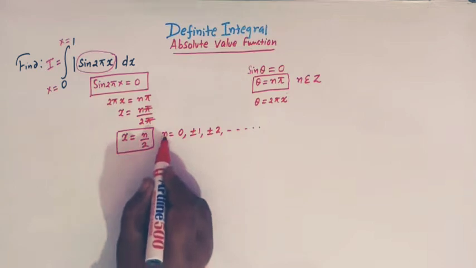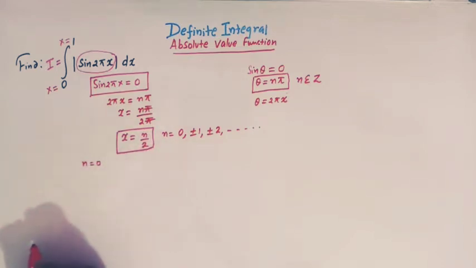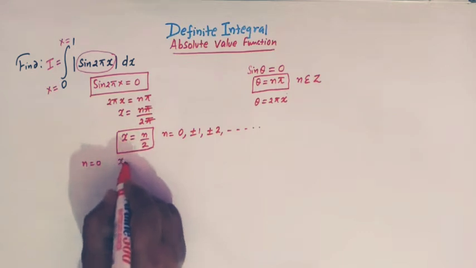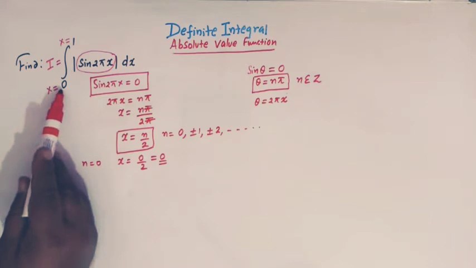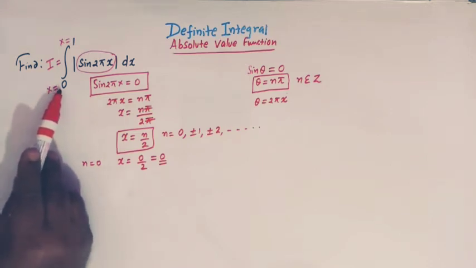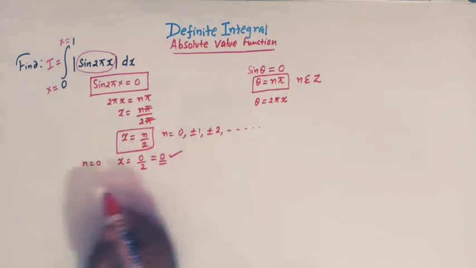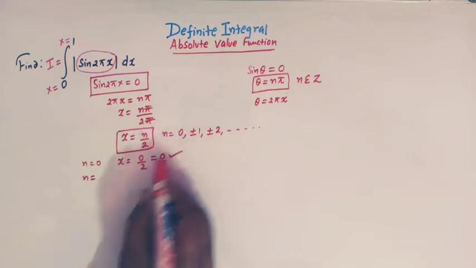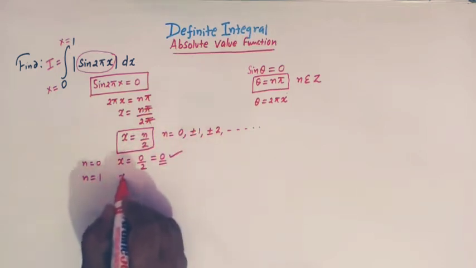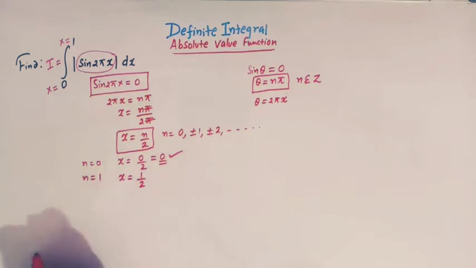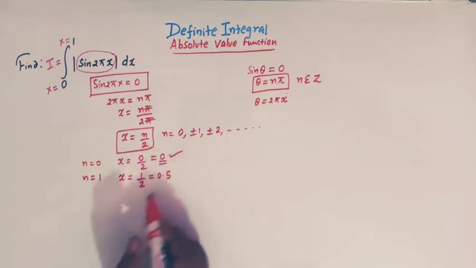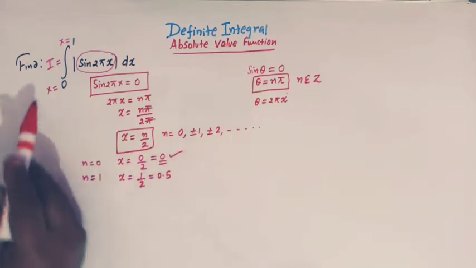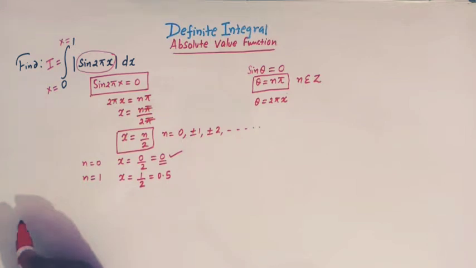Now if we take n is equal to 0, then the value of x is 0 over 2, that is 0, and here we have the lower limit of this integral as 0. Now if we take n is equal to 1, then we have x is equal to 1 over 2, that is half, and this is 0.5, and we see that half lies between 0 and 1.